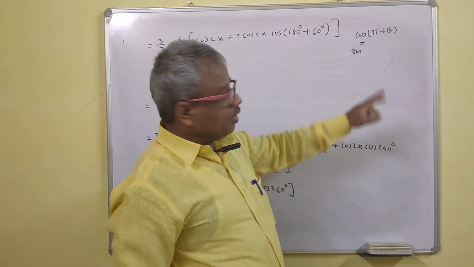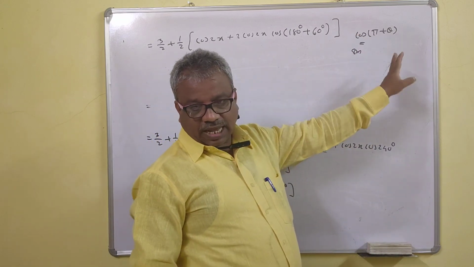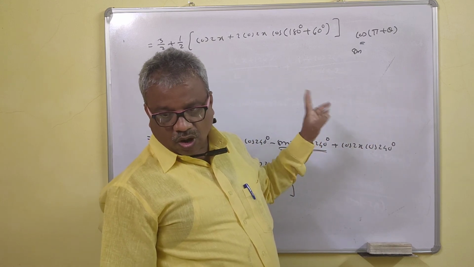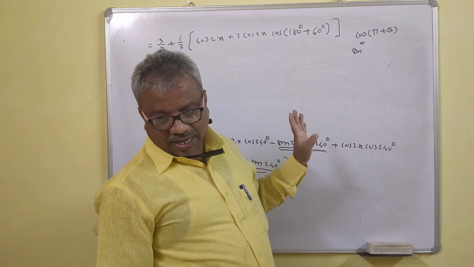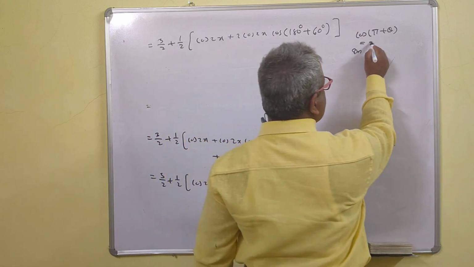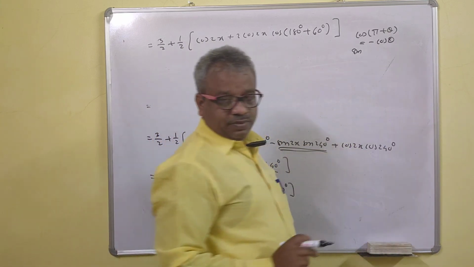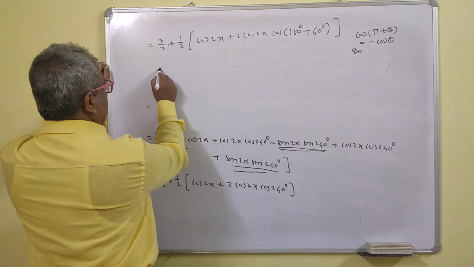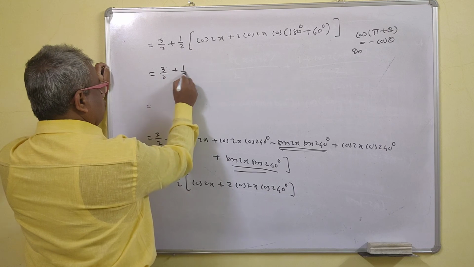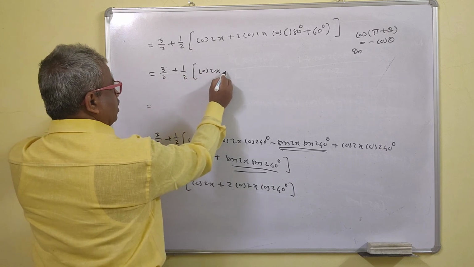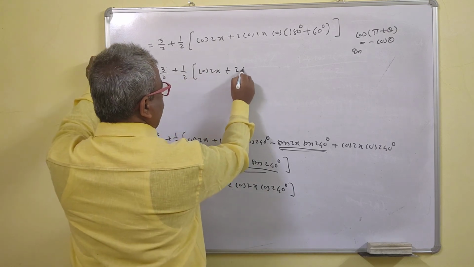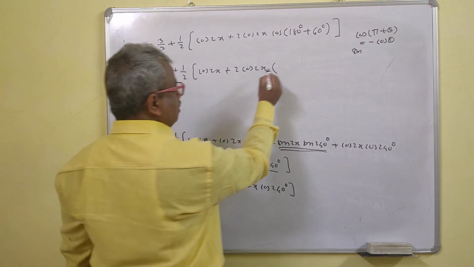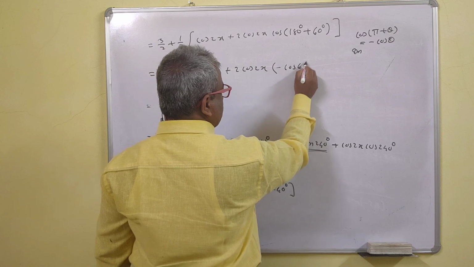Read the formula: cos pi cos theta minus sin pi sin theta. Sin pi is 0, so only the first term remains: cos pi cos theta. But cos pi is minus 1, so this is minus cos theta. Your theta is 60 degree. So 3 by 2 plus 1 half cos twice x plus 2 cos twice x into minus cos 60 degree.